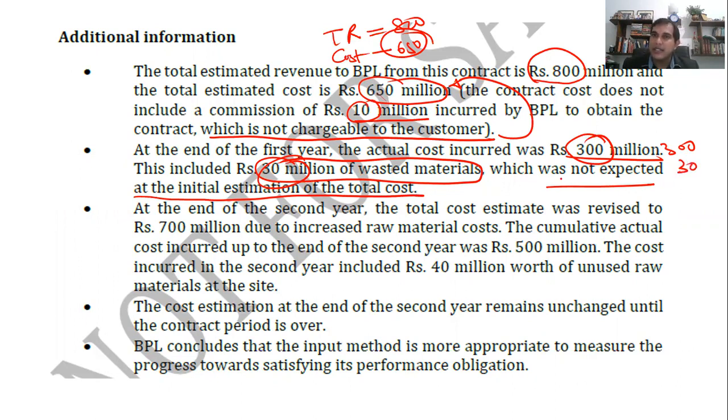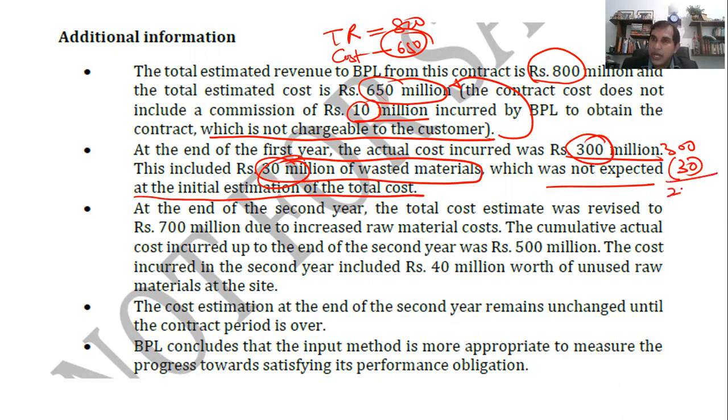Remember, this is not even expected. This is an abnormal cost. Maybe due to some issue, some inefficiencies, some mistake, this additional 30 million was incurred. So this 30 million should be recognized as an other expense in the profit and loss. It should not be taken as a part of construction cost.